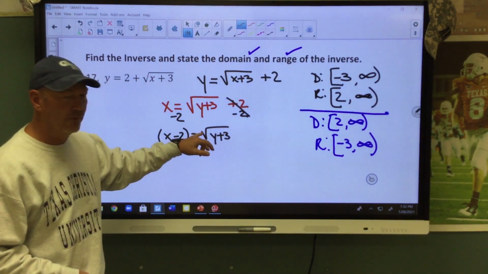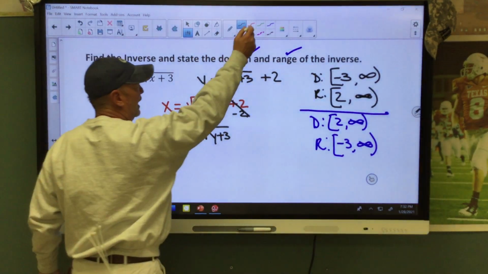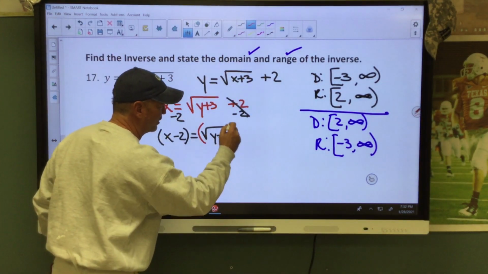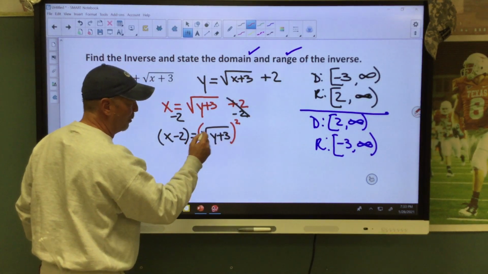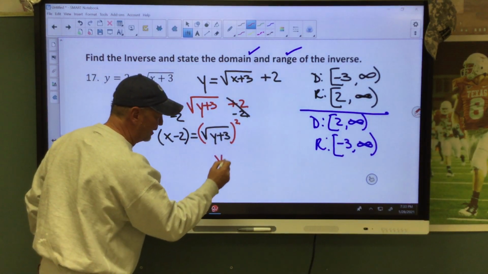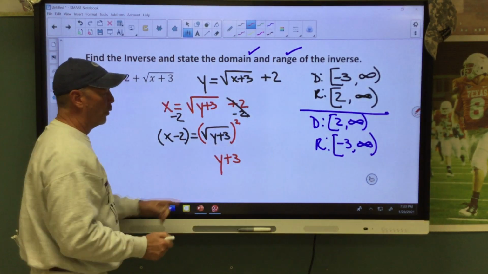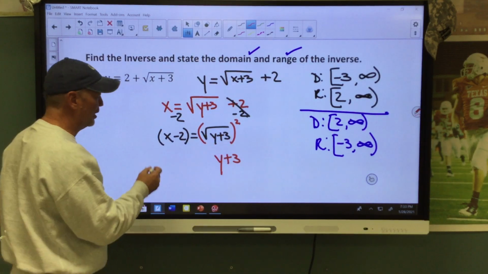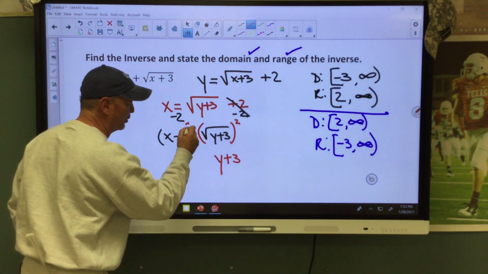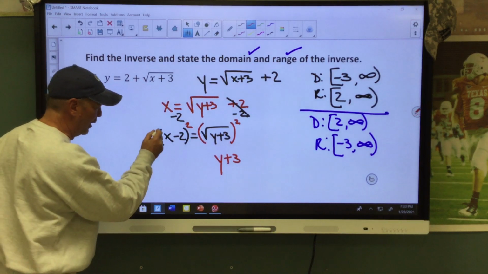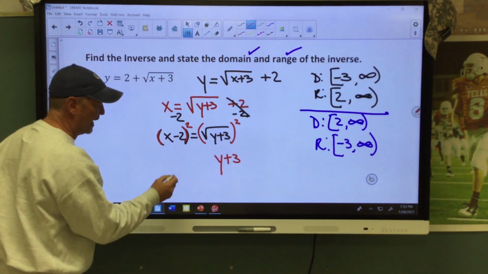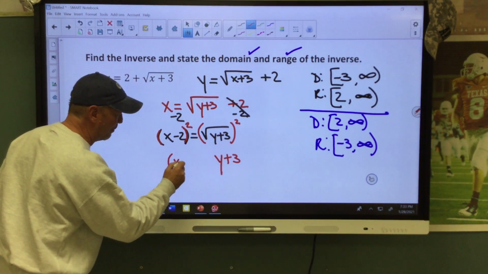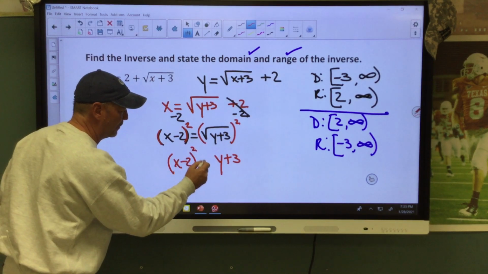My root is an invisible 2, so we're going to square this, because now my root will match my exponent. This will drop out. Whatever I do to one side of the equation, I will do to the other. I will square that also. I'm going to square this whole thing. So this stays as x minus 2 quantity squared.